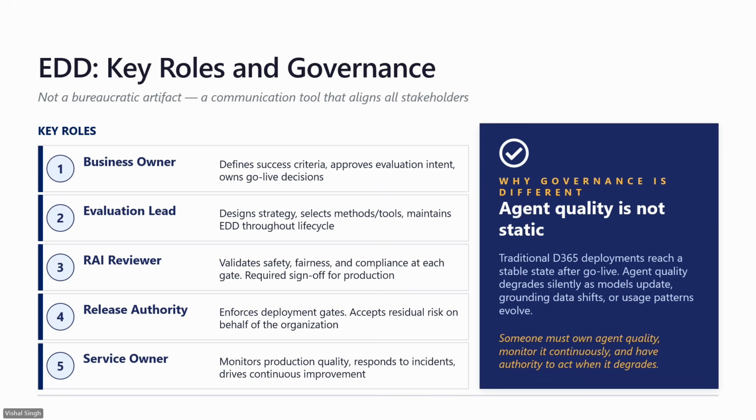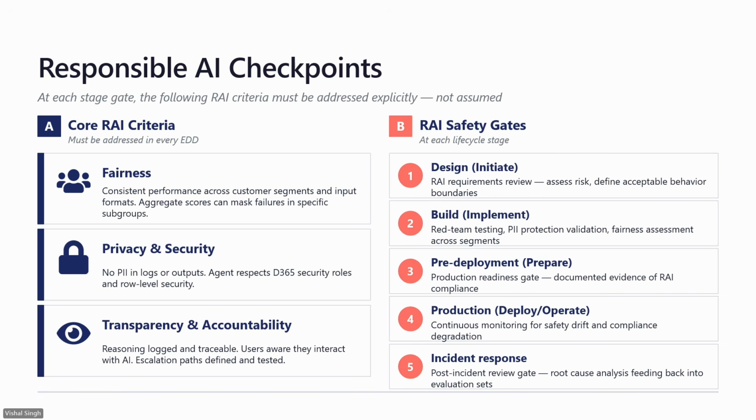Now, with that, let's move to the next one, which is around responsible AI. There are 2 things: core criteria you address in the EDD, and the safety gates that validate them at specific points in the life cycle. On the left-hand side, the core criteria, at every gate 3 things have to be addressed explicitly and not assumed.